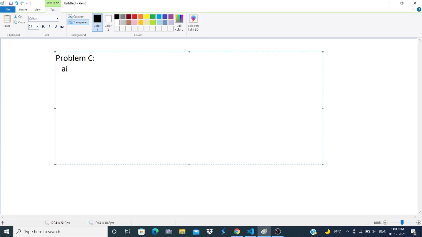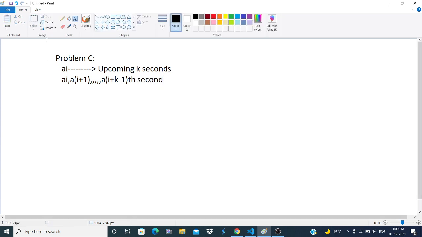Then it will cause damage to the dragon for the upcoming k seconds, right? Which means stabbing a dagger on the dragon will cause damage on the a_i-th second, then the (a_i + 1)th second, and so on up to the (a_i + k - 1)th second.